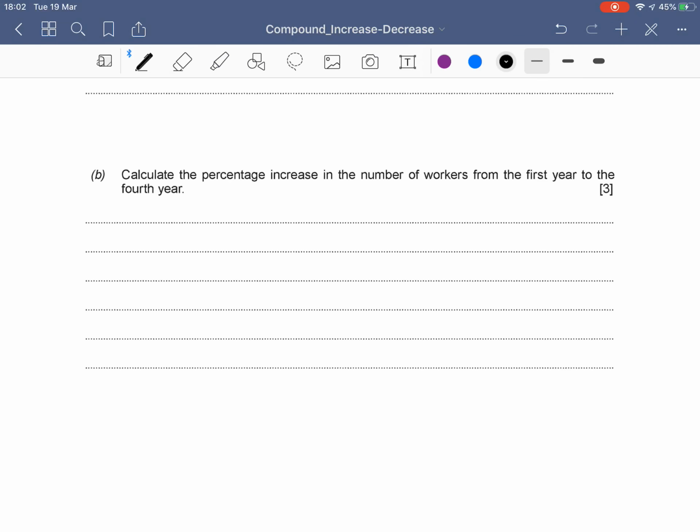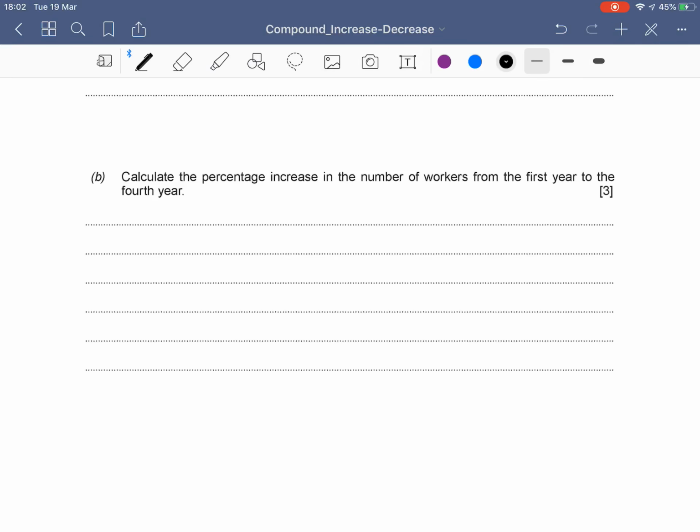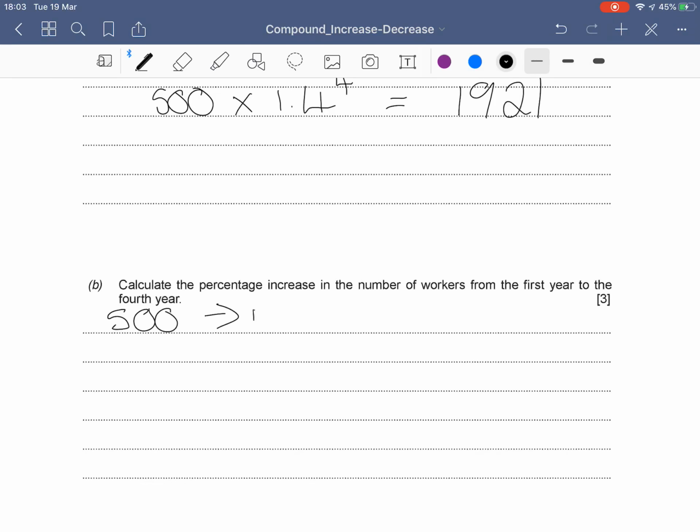Next question, we've got to calculate the percentage increase in the number of workers from the first year to the fourth year. So in the first year it had 500, and in the fourth year it had 1,921. So to calculate percentage increase or decrease, you take the change, so what is the difference between those numbers, and you divide it by the original value.